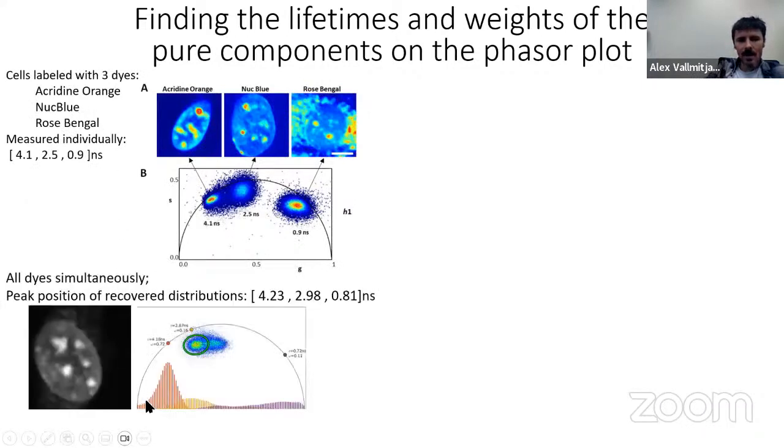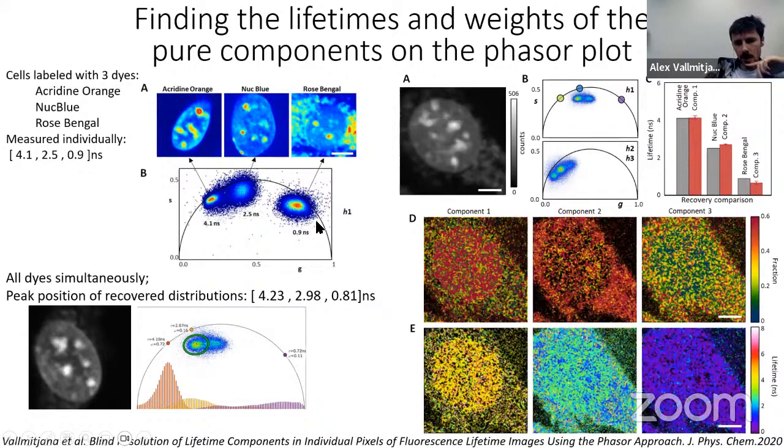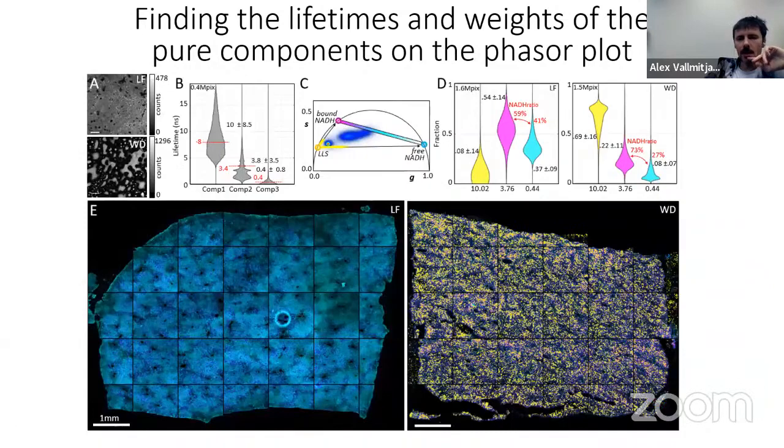This method, solved for each pixel in the image, gave us these three distributions where the peak positions match the expected lifetimes. We showed this for different cases. And then we applied it also to a set of data that was being used at that time, in which mice were fed low fat and high fat or Western diet.